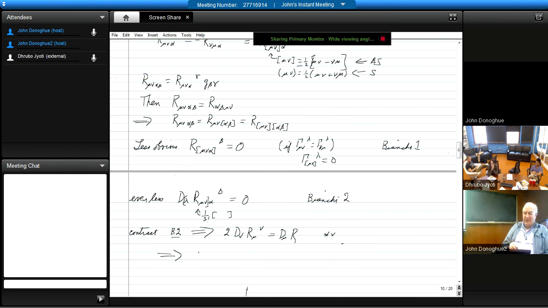And in particular, this implies the following. D nu of R mu nu minus 1/2 delta mu nu R equals 0.